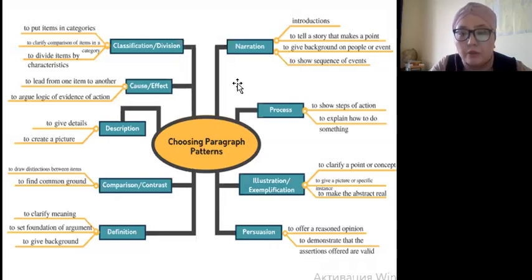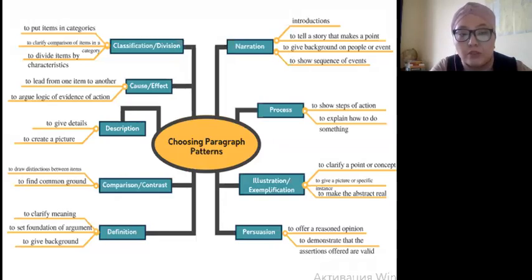For example, if you have an introductory part of your article, of course it's a narration. You are going to tell a story that makes a point, give background on people or events, and show the sequence of events, etc. And then in process, you also note the steps of the action, explain how to do something, etc.